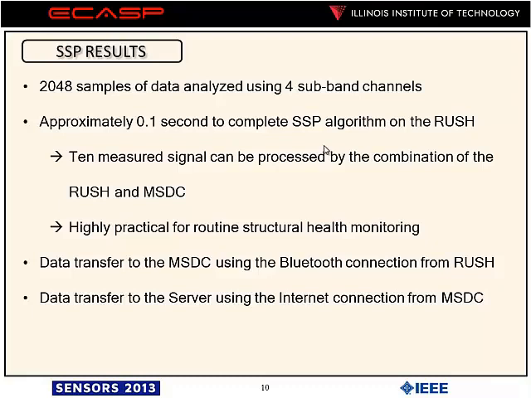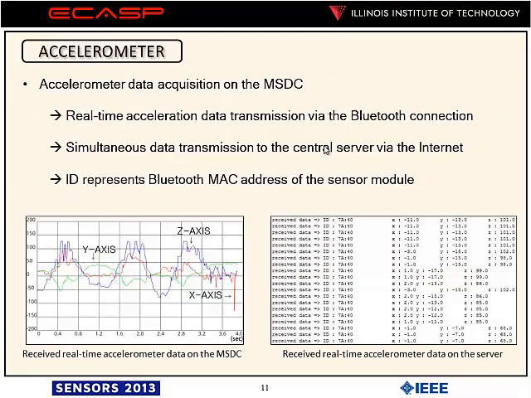And as I said before, the data transfer is seamless and real time between the FPGA and the smartphone and to the central server using Bluetooth and the internet. For structural health monitoring, not only ultrasonic data can be used for detecting flaws, but we can combine all sorts of different sensor data, such as the accelerometer.